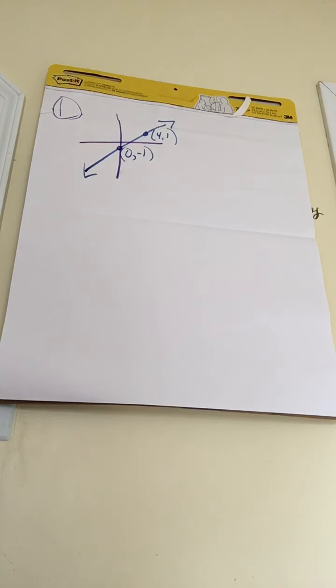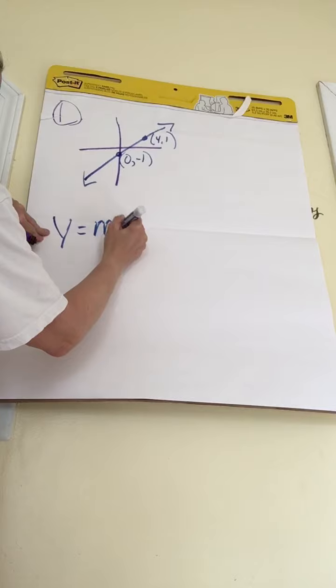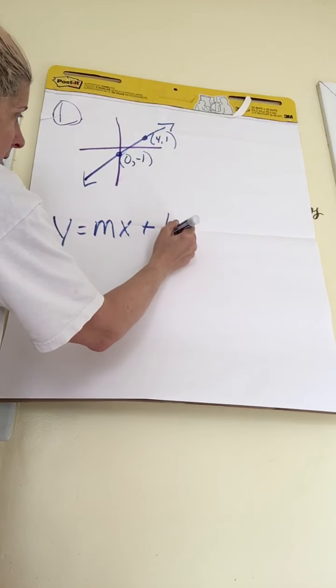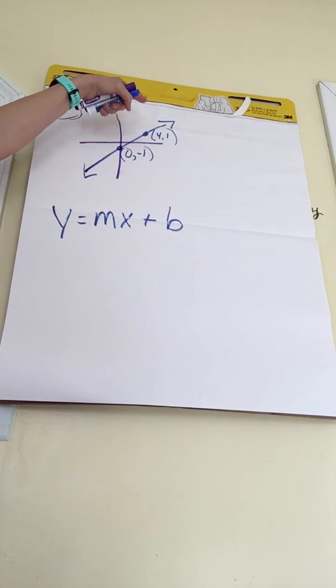And if we didn't have those 2 points listed, we could find our own 2 points on there as well, because we all know how to count. So let's do a quick refresh about what slope-intercept form is. y = mx + b. So from there, I take a look at my graph.